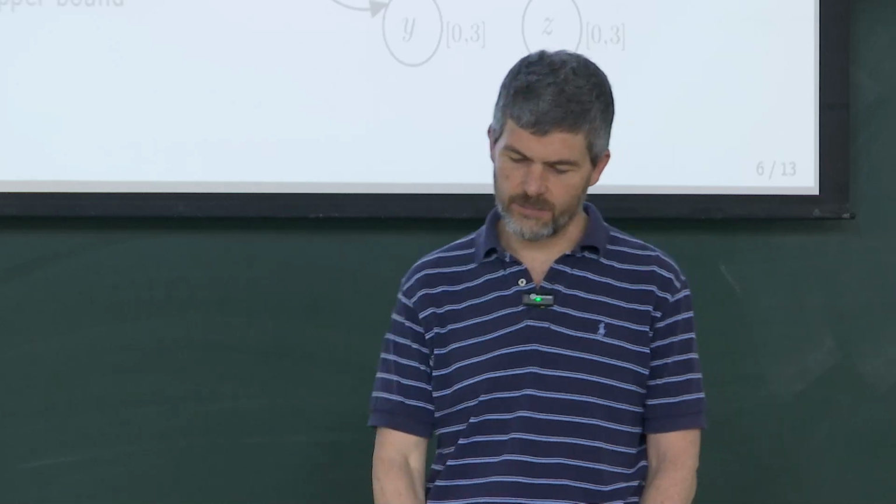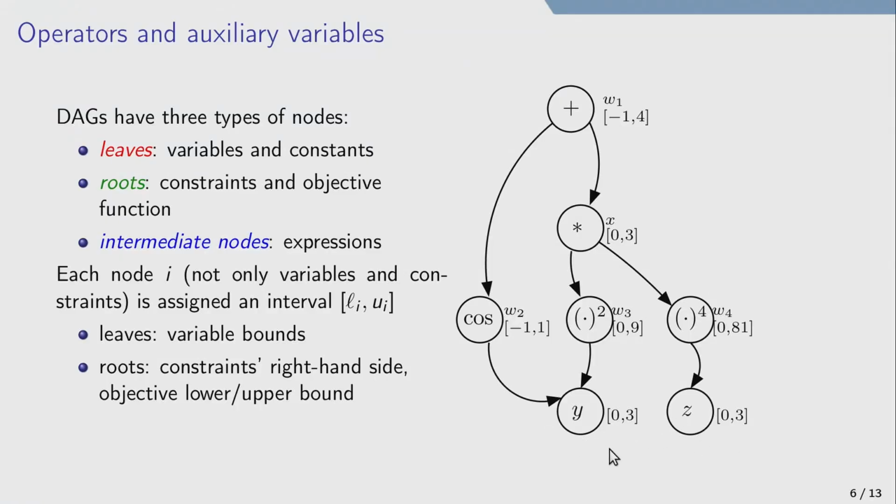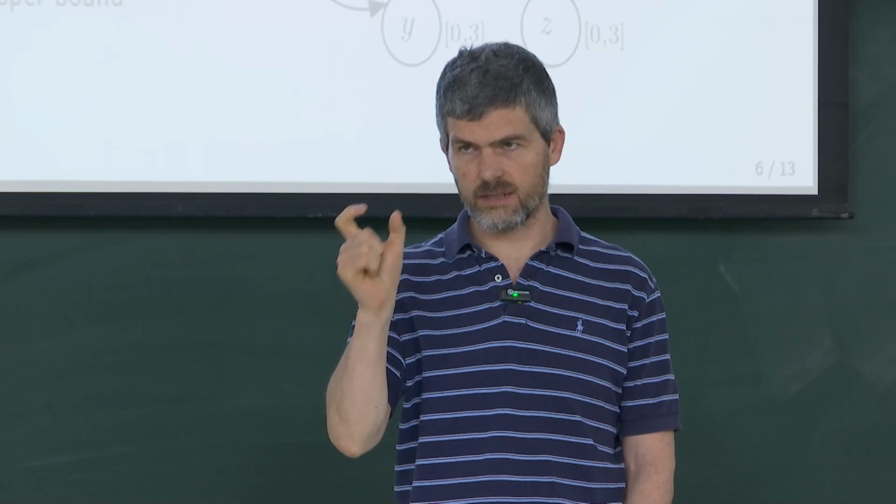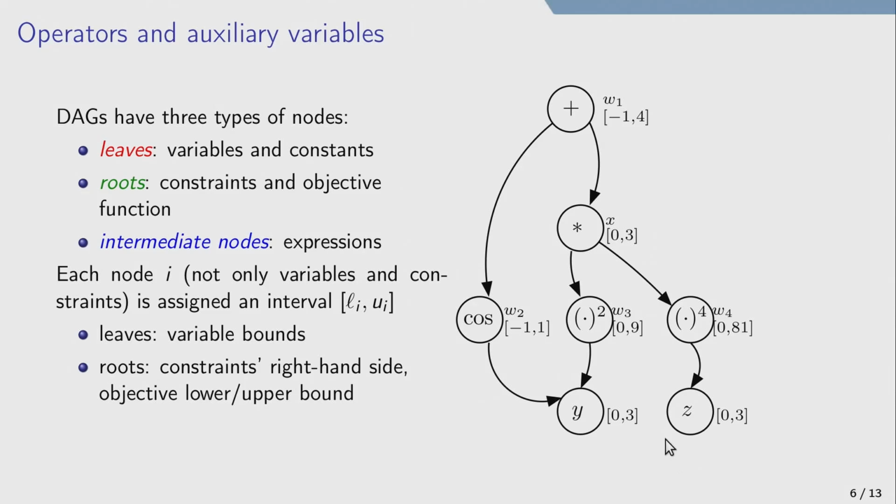The way we do this is by looking at the DAG and seeing what variables we can change first. As you can see here, there are many variables in a reformulated MINLO problem. The fundamental variables are the y and the z, in this case. If we change them, specifically, if we change their bounding box, their bound intervals, for each variable, there's going to be a cascade knock-on effect on all the other auxiliary variables in the DAG.